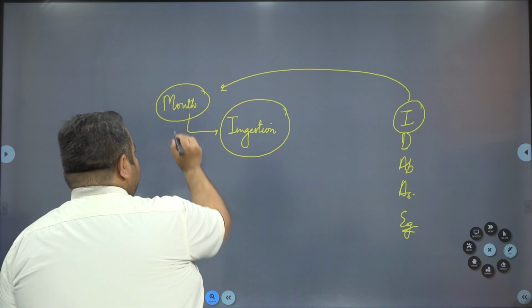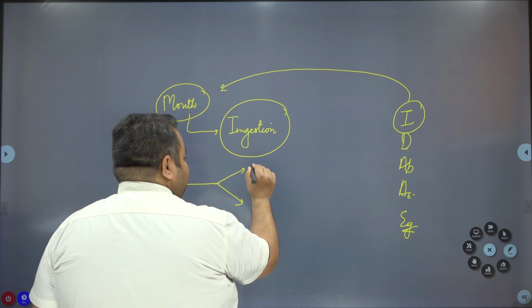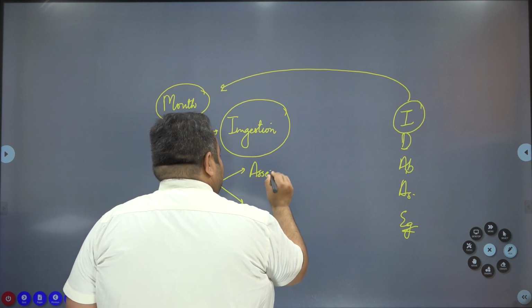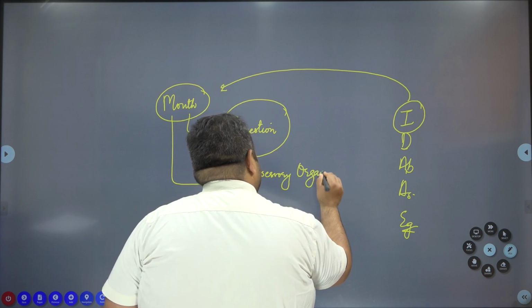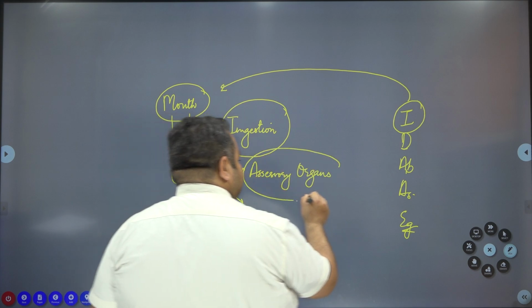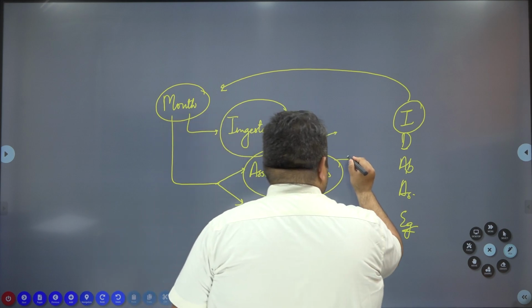So, the mouth is associated with two types of structures. First, we have accessory organs that are not directly involved with the process of digestion, but anyhow affect it.